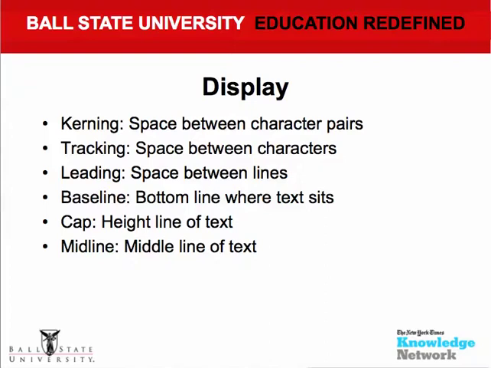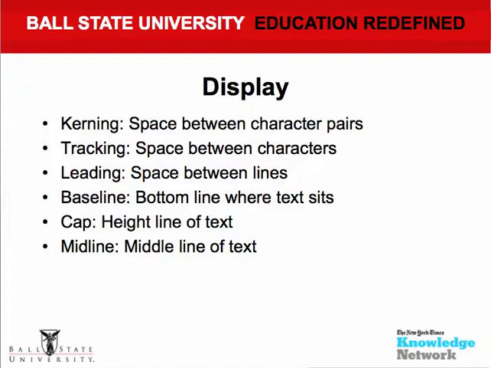Tracking is the space between characters. Leading is the space between lines of type. So if you have a paragraph that's 4 lines, the space between each line is called leading. And again, that's a term that it helps to have an understanding of movable type. Back when type was still made in these foundries where people would have to pour lead into the shape of letters, they would create these strips of lead that would separate the lines of type.